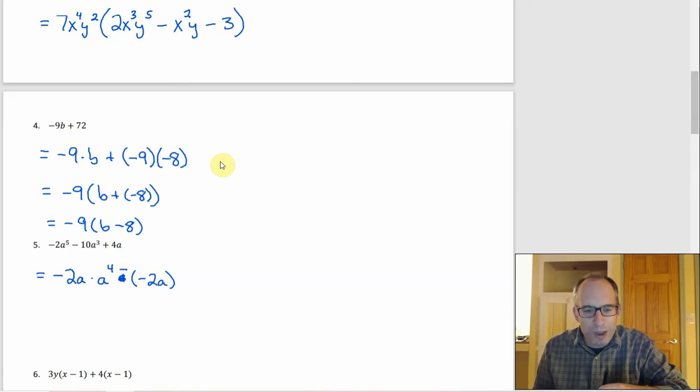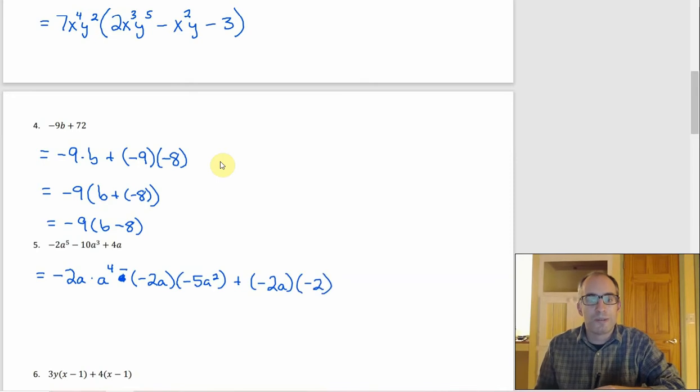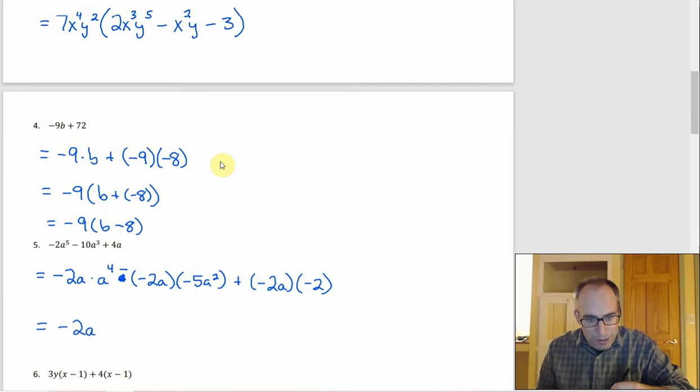So if you factor a minus 2a out, then you'd be left with minus 5a squared, right? Because negative 2 times negative 5 will give you that 10. A times a squared will give you the a cubed. And then plus negative 2a times negative 2, right? Because negative 2 times negative 2 will give you that 4. And that a is already in there. It's taken care of.